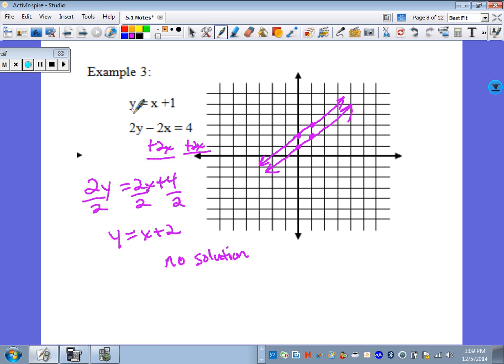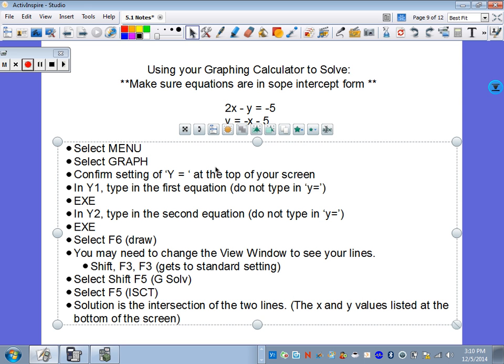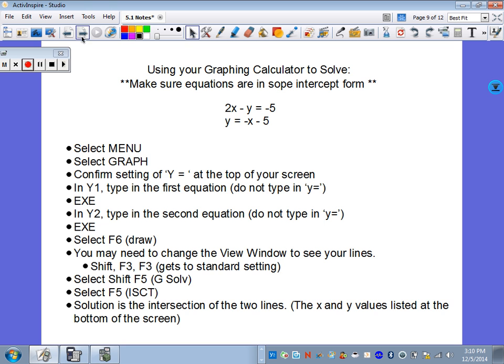Now let's go to the next piece. Here, I noticed a little typo there, but basically it runs you through how to graph using a Casio graphing calculator. And it just gives you the directions, but I've already walked you through that. And I also walked people through the TI.